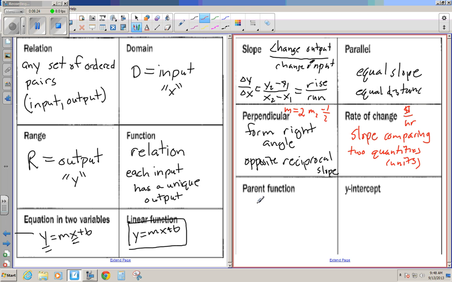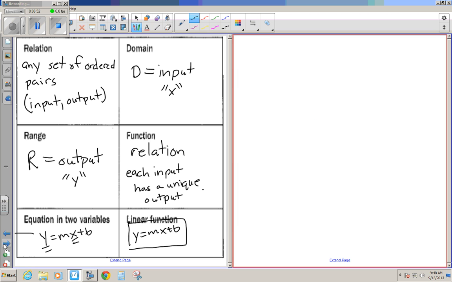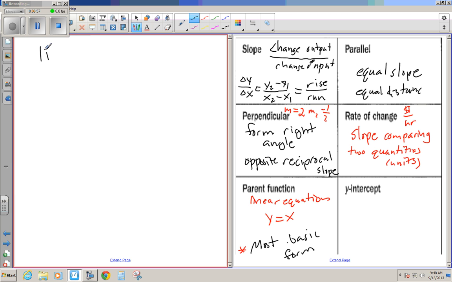Parent functions. A linear equation has a parent function of y equals x. It's basically the most basic form. So that means the most basic form for linear, y equals x.